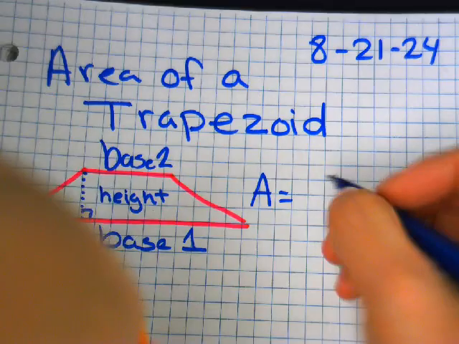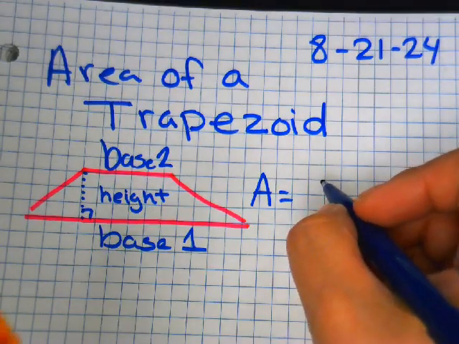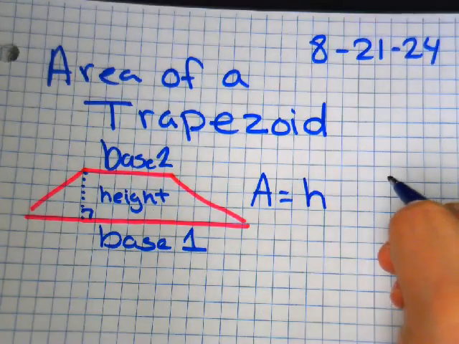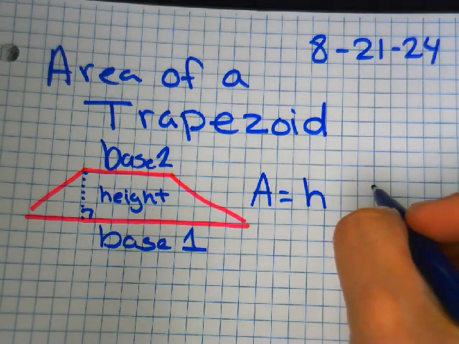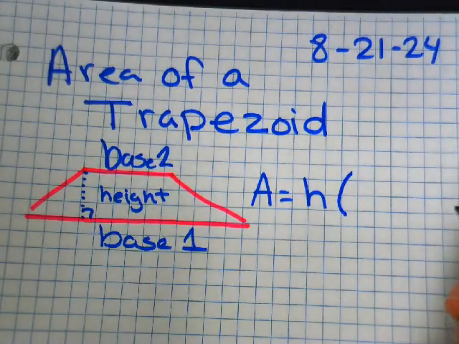It's a good question. Okay, area equals. Without looking at the notes, does anybody remember what letter goes outside? Height. Then what do I write before that? Base. No, parentheses. Now what did I write inside the parentheses?